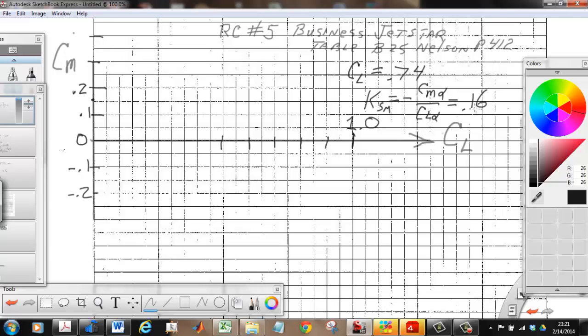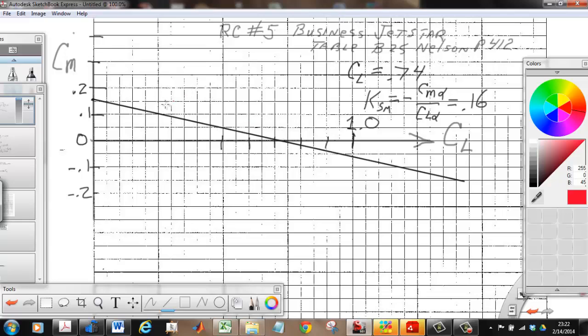So you get 16% for the static margin. So we can plot that starting from 0.16 and going to 0.74, which should give us a line that looks something like that, where our C sub L is at 0.74.